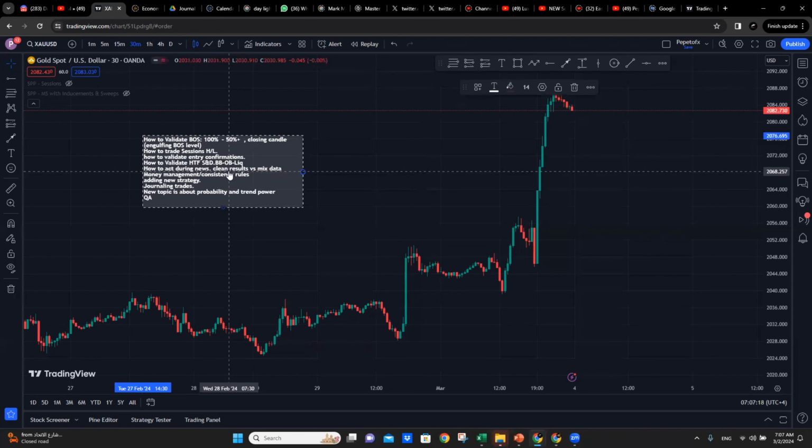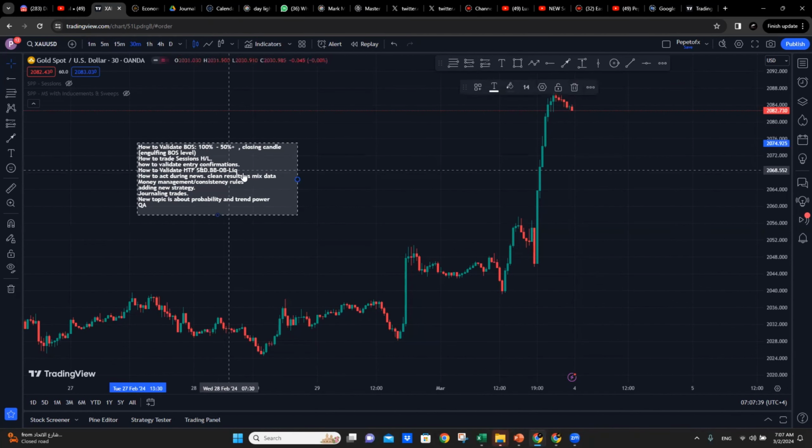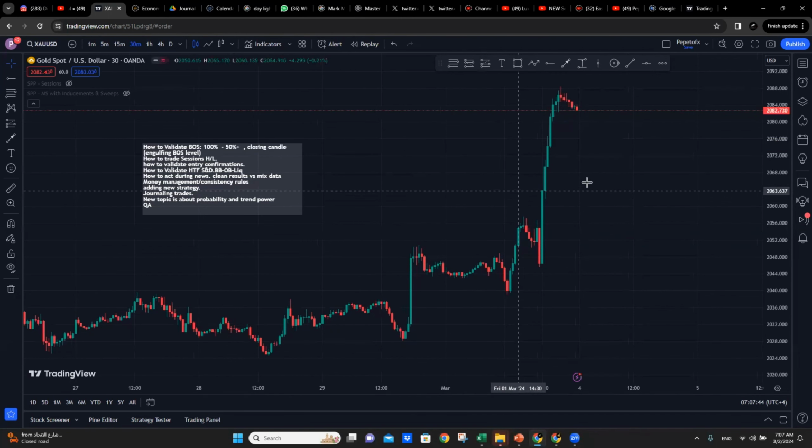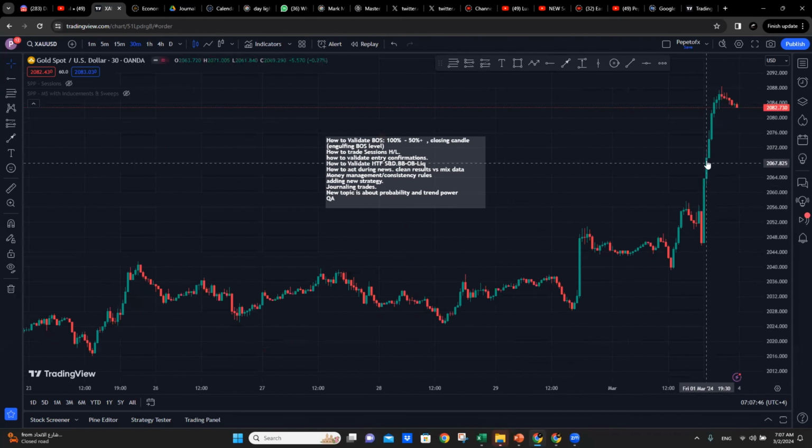And how to act during the news, which has clean results versus mixed data. Money management, consistent rules, adding new strategies to your current strategy. Journaling trades. The new topic is about probability and trend power. So these topics are very important for your daily trade and chart analysis.